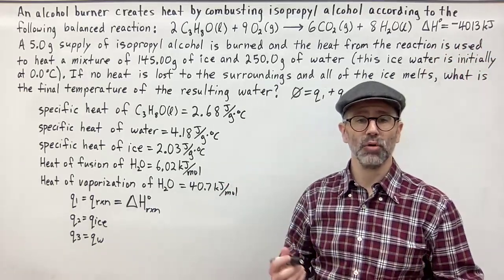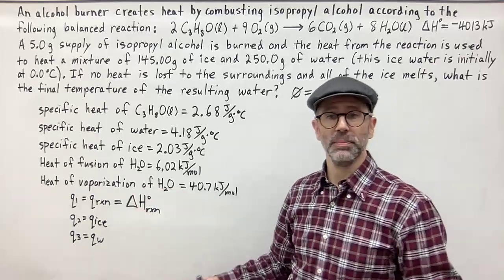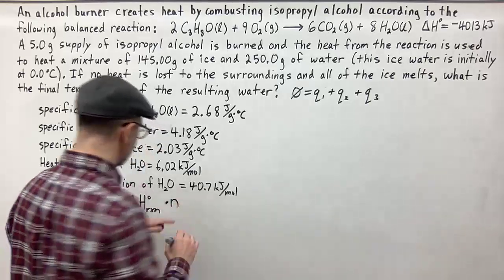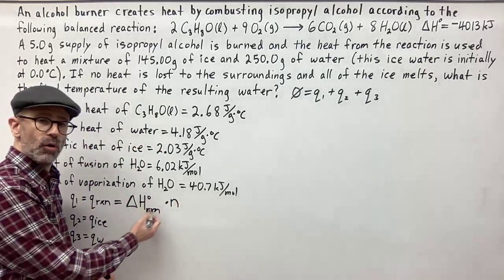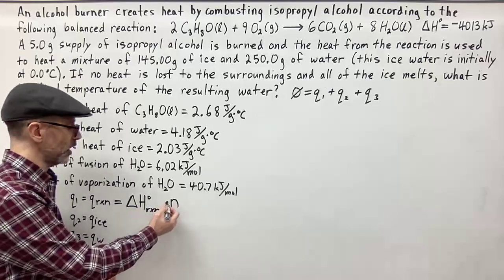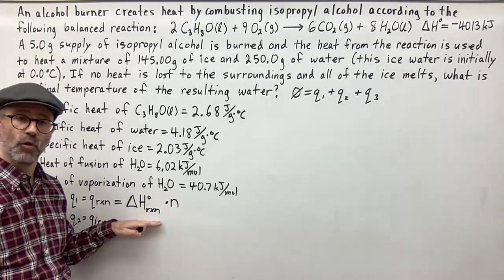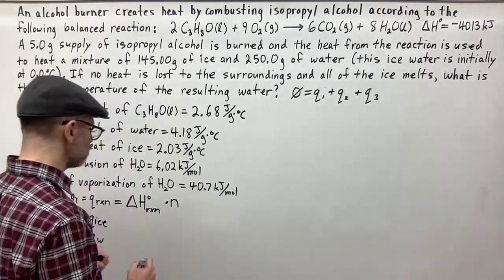How do I get rid of moles? I multiply this by moles. So if I multiply this by N, the number of moles, then the per mole on the bottom is going to cancel out with moles on top. So that's my formula for the heat of the reaction that is released.